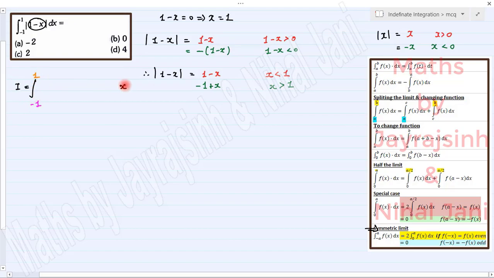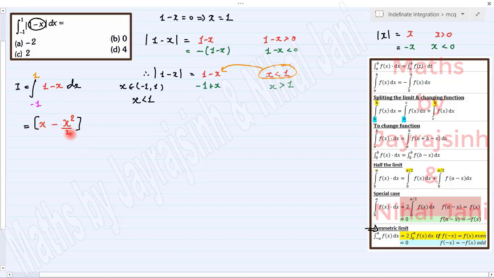So x belongs to -1 to 1, or we can say x is less than 1. So for x less than 1, our function must be 1 minus x. So here let's write down the integral of 1 minus x dx. Integration of 1 will be x and integration of x will be x square by 2.